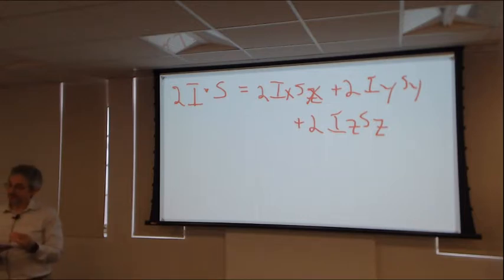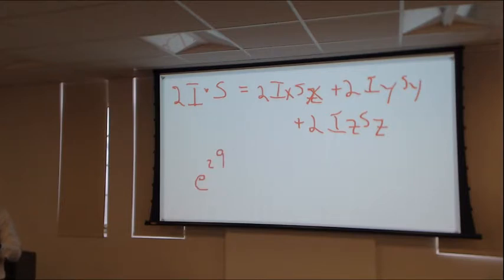And then normally we would think of our evolution as depending on e to the -iHτ, and this would be e to the i 2π I·S, and we have to ask, what's the exponential matrix representation of this dot product?